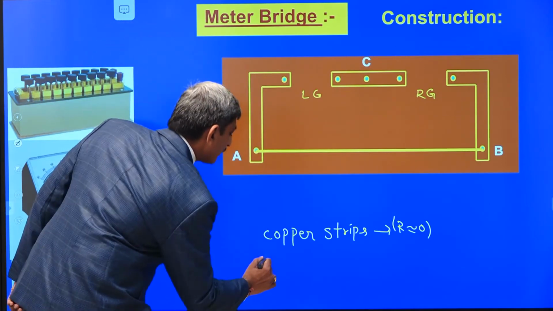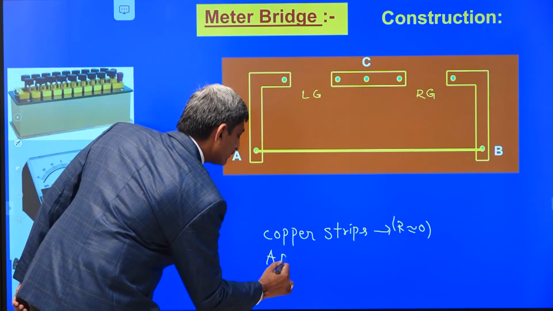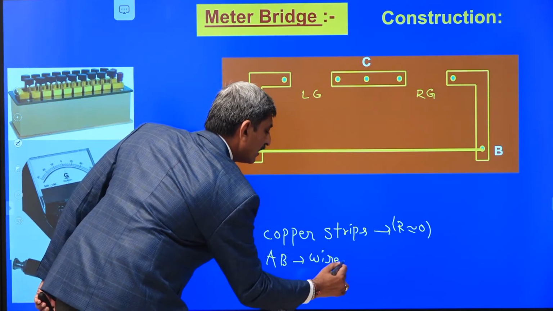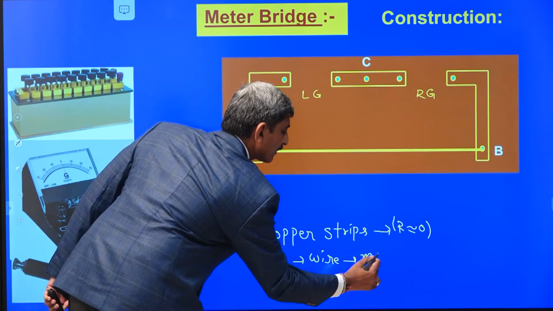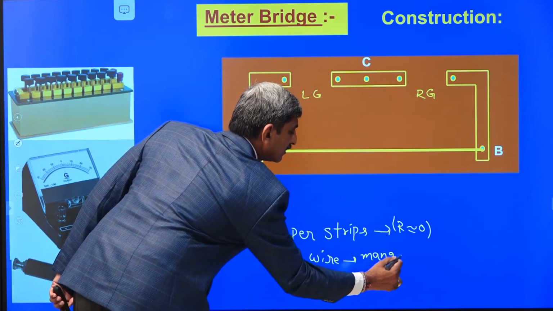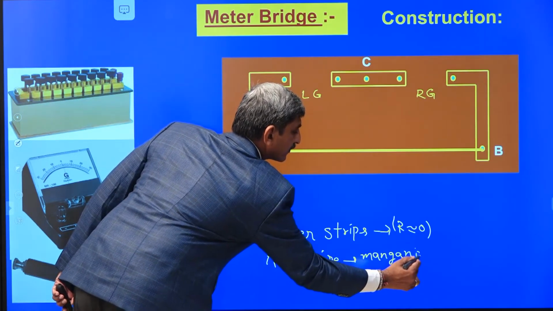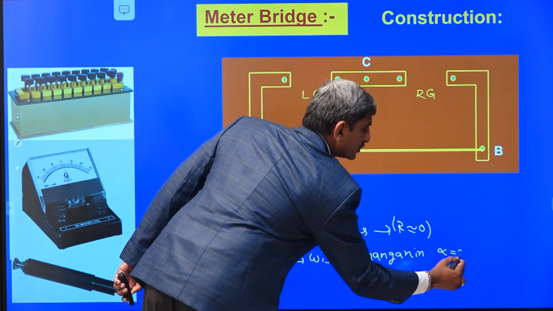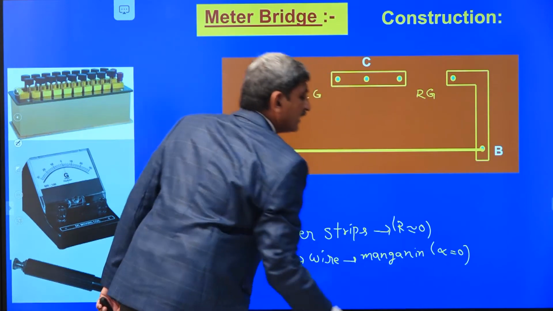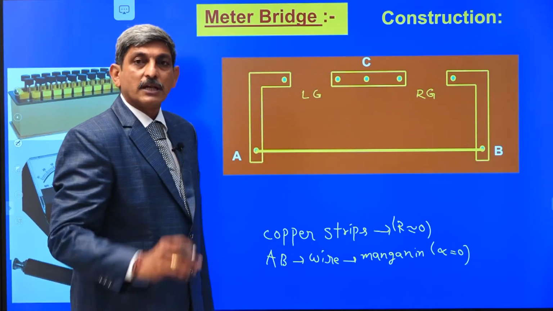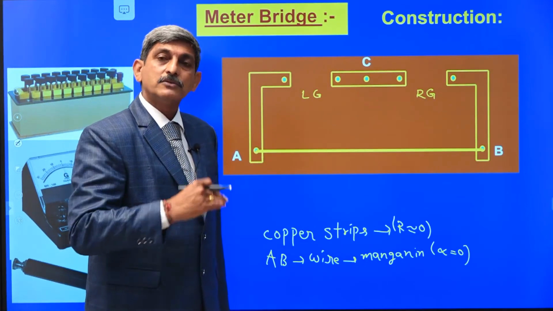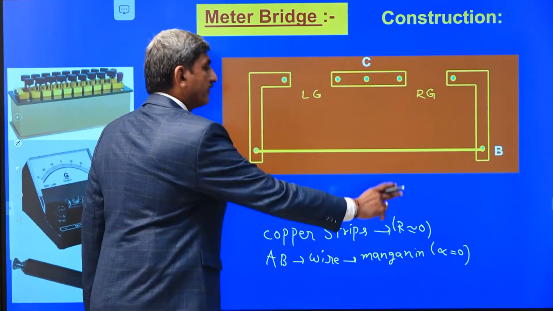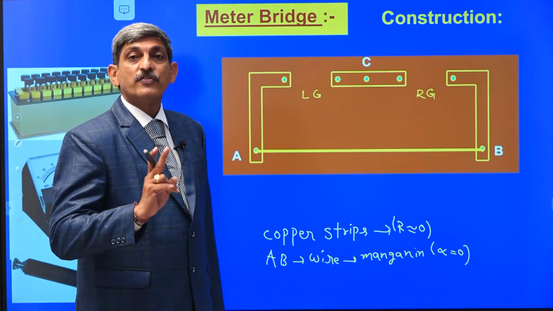This AB wire is made up of manganese. We know that alpha for manganese is almost equal to 0. That's why the material manganese gives constant resistance value at all temperature values. That too, this wire also has a uniform cross section.